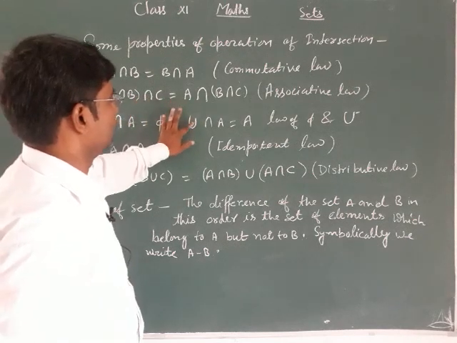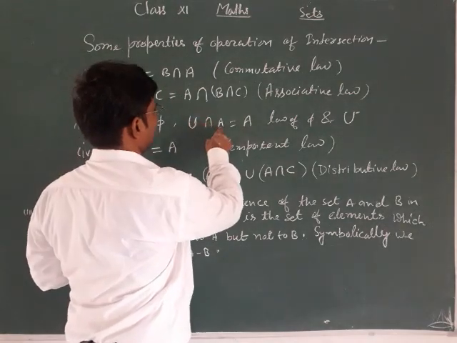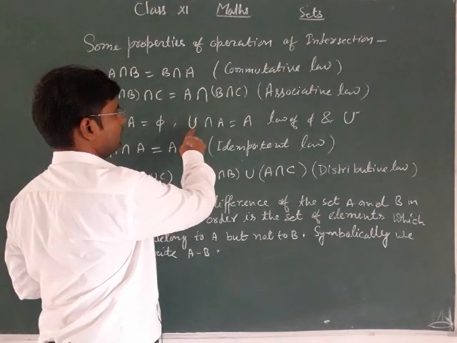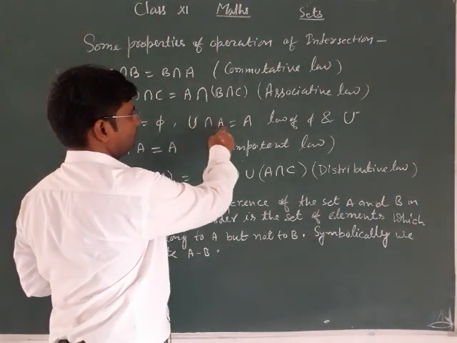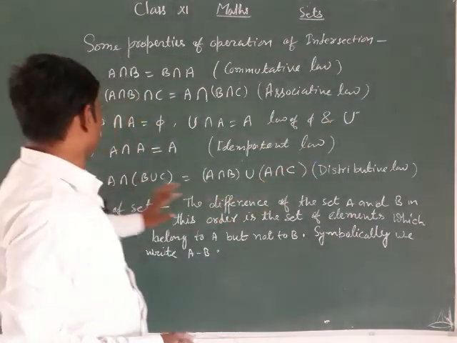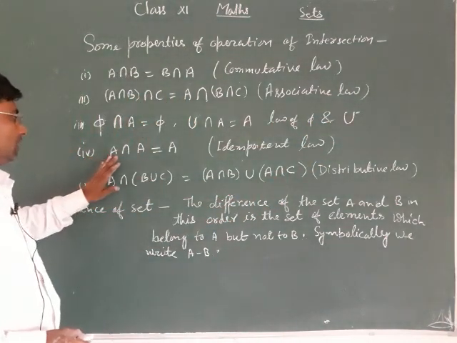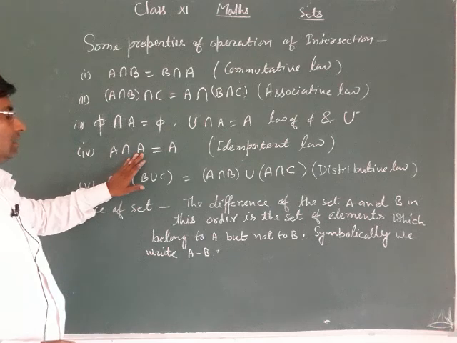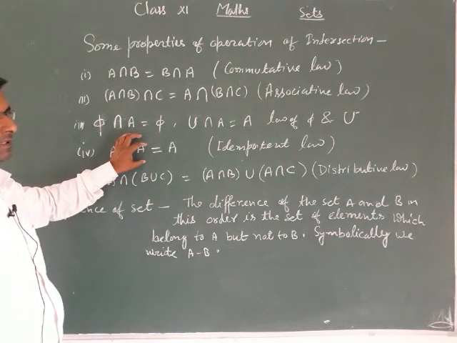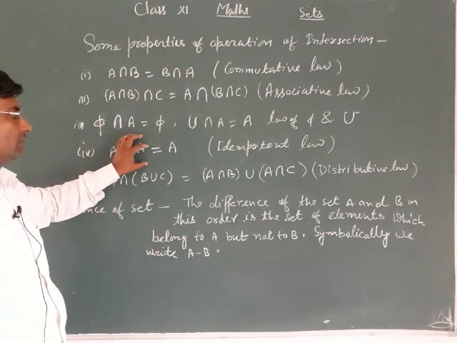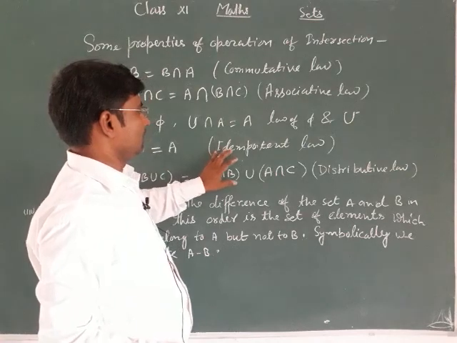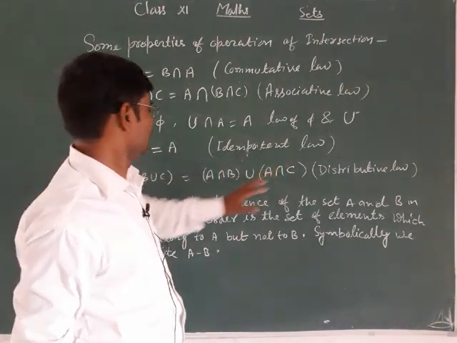And universal set intersection A means A exists in the universal set, so the common part is A. Fourth, A intersection A: all elements of set A and all elements of set B are common elements, so this is set A. This is the idempotent law.